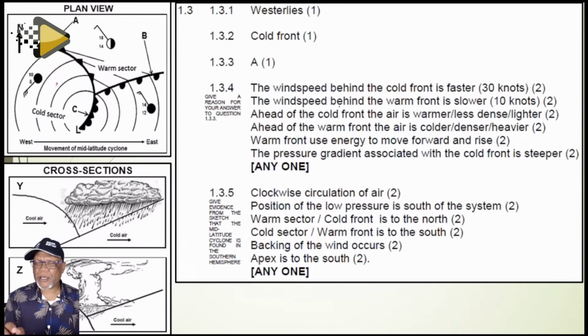The wind speed behind the warm front is slower, and ahead of the warm front, the air is colder and denser. The warm front uses energy to move forward and rise. The pressure gradient associated with the cold front is steeper.